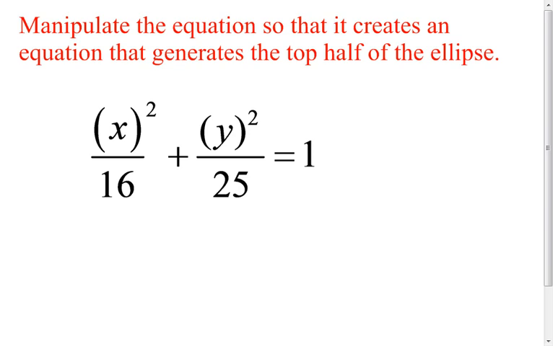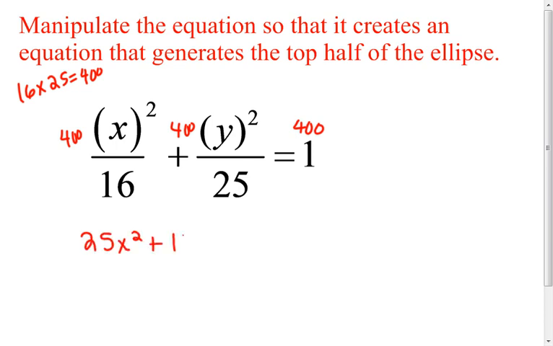Okay? So in this case, I'm going to solve this equation for y. And I want to basically kind of get rid of those fractions first. So 16 times 25 is 400. I'm going to multiply everything through by 400. And when I do that, then I will have 25x squared plus 16y squared equals 400.